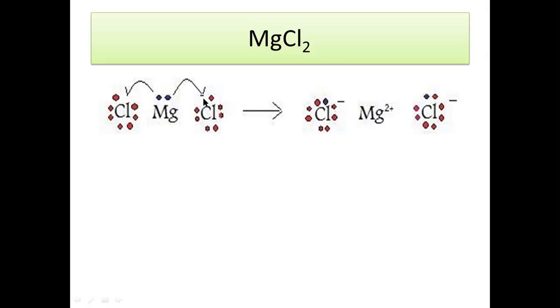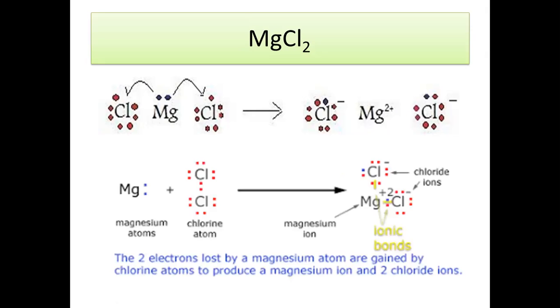When the magnesium moves 1 electron to each of the chlorine atoms, both chlorine atoms become electronegative, because they are each receiving 1 electron. But magnesium becomes electropositive with a 2 plus ion, because magnesium donates 1 electron to each of the chlorine atoms. That's why it becomes electropositive, having the plus 2 ion.